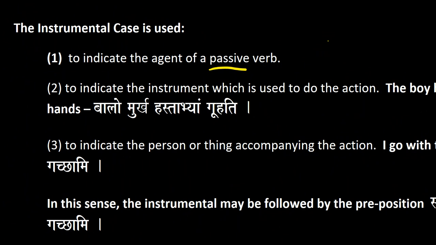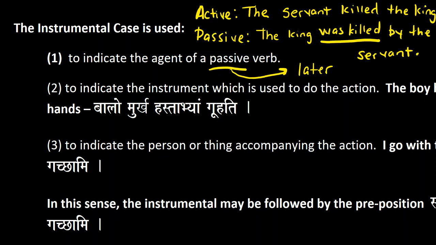A passive voice is basically when the object of a sentence appears to be the subject of the sentence. So again, we will touch on this later, but quickly, an example of an active sentence, which we have been doing, is: the servant killed the king.